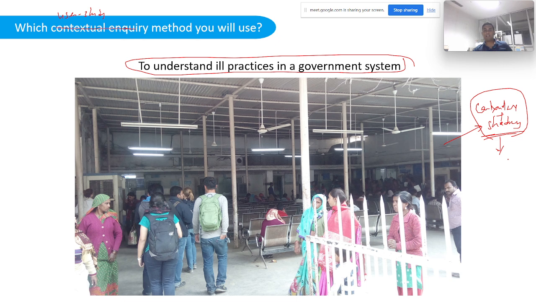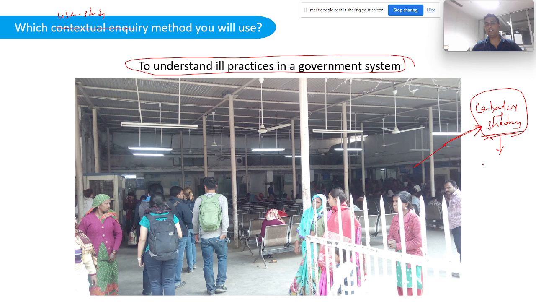That critical incident or that particular breakdown point where you see an ill practice may take time. So there is no guarantee when that particular day will come. So this is more like an exploratory study technique. You will be visiting the facility for over one month, two months, then you will probably be able to understand all the practices.